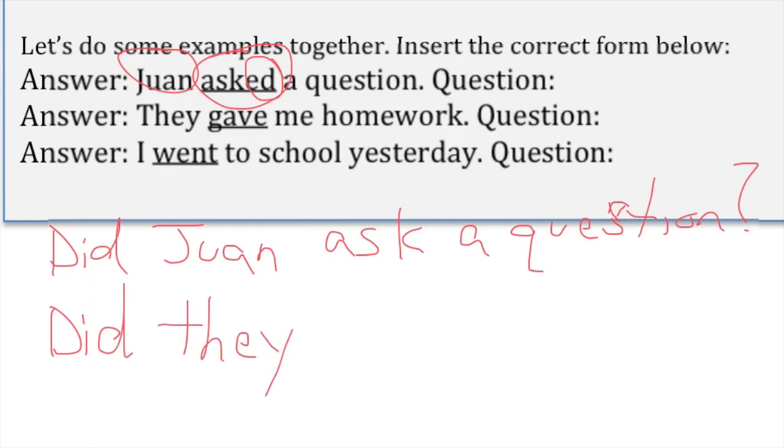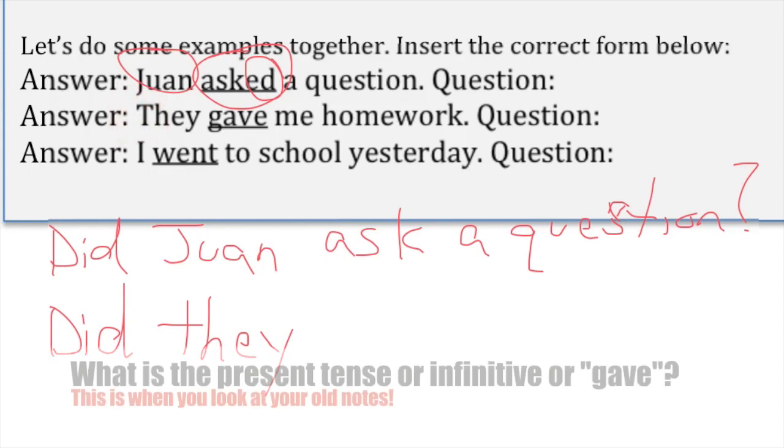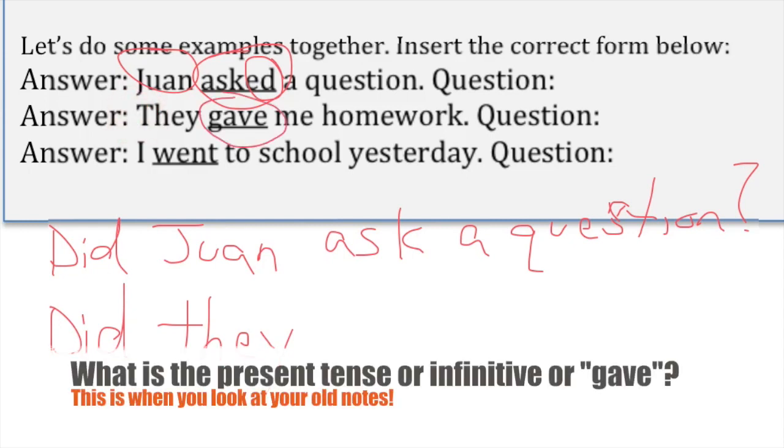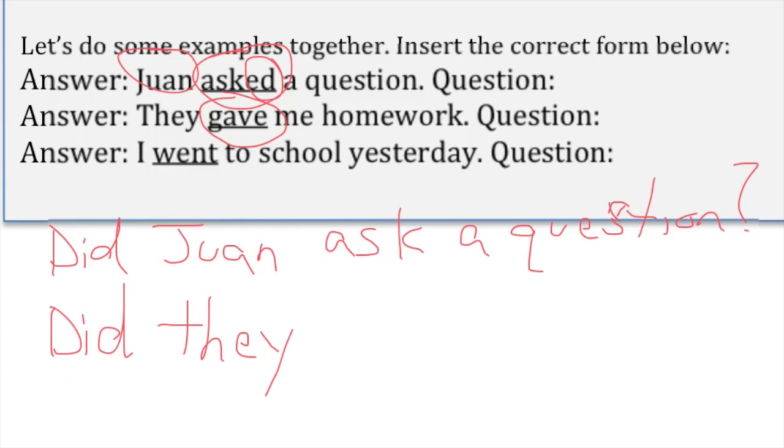It's not capitalized because you know that it's not the first word in the sentence. What's the present tense of this word here? Gave. You can look at your notes if you want, but what do you think it is? You should be thinking gave is really give.